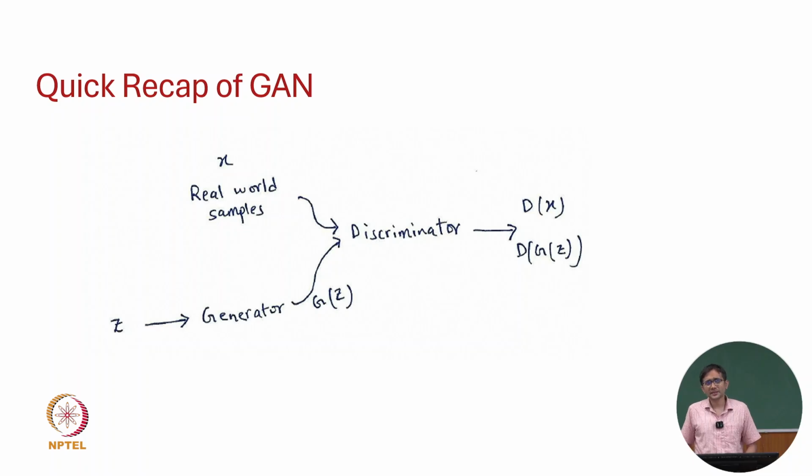The task of the discriminator is to distinguish the fake samples, that is G(Z) in this case, and the real samples, that is X in this case. And the generator, in the training process, is trying to fool the discriminator.